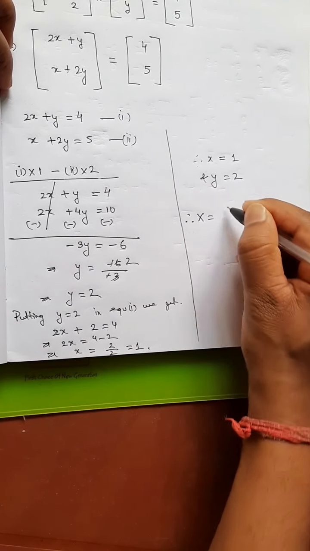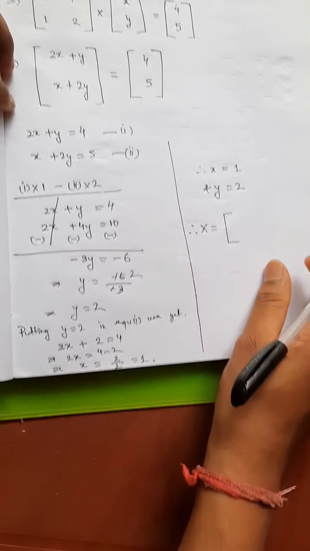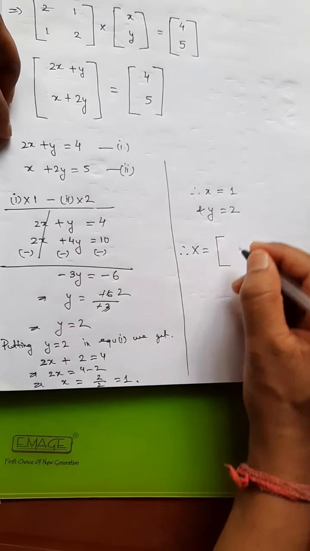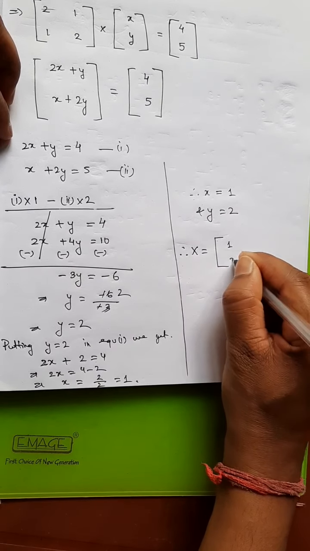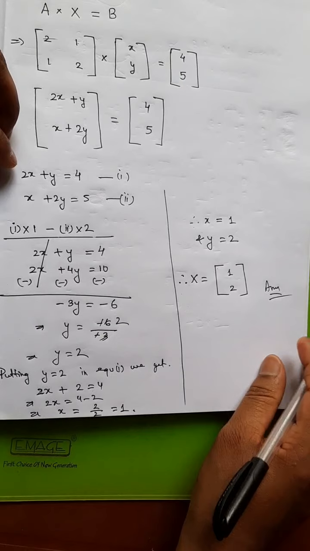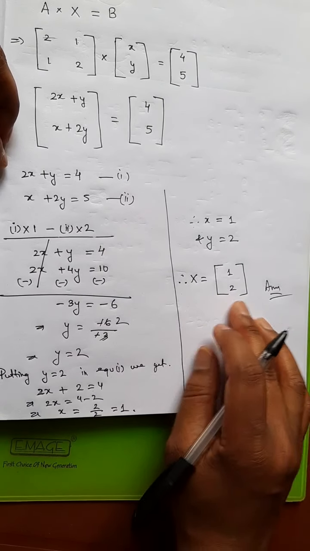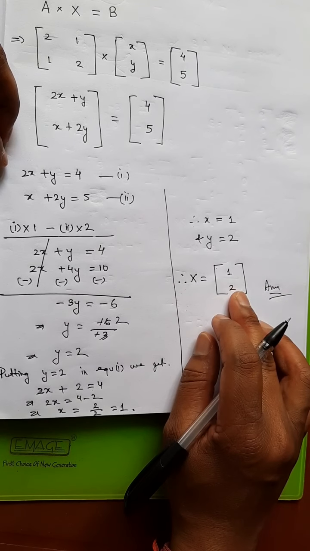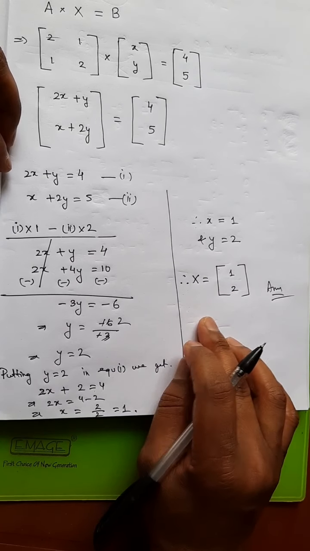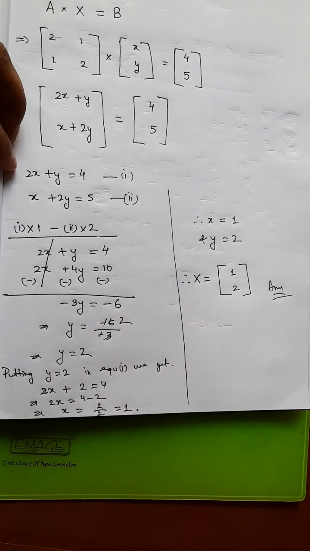Therefore X is equal to the matrix you assumed, so 1 and 2. This is your answer. When they ask you for the matrix, you have to write the matrix in the solution. This is how this type of question is solved. I hope you have understood.